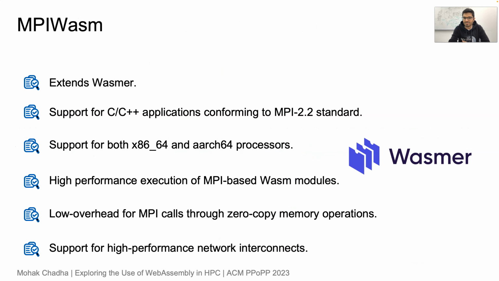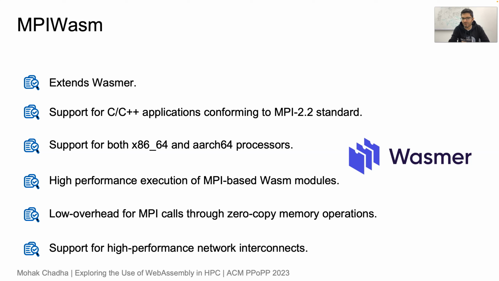So MPI Wasm is a WebAssembly embedder which extends Wasmer, another popular embedder. We support MPI applications conforming to the MPI 2.2 standard, and to facilitate the adoption and suitability of MPI Wasm in HPC environments, it enables the high-performance execution of MPI-based Wasm modules.